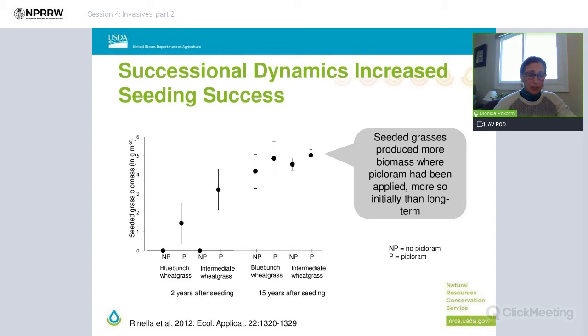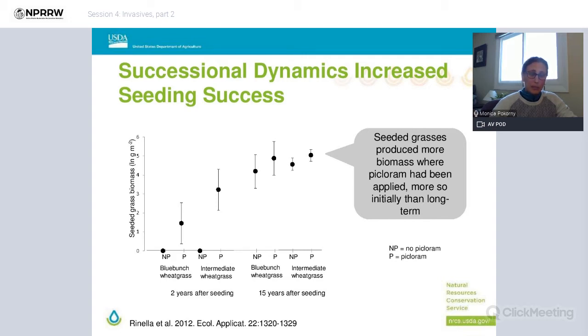So that addresses the species availability again. We used a herbicide in this case, picloram, which has more soil residual. So the results of the seeding with either no picloram or picloram. And you can see where we seeded bluebunch wheatgrass or intermediate wheatgrass.